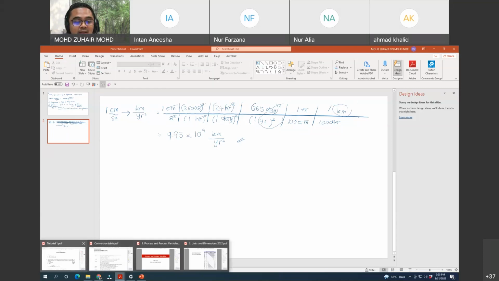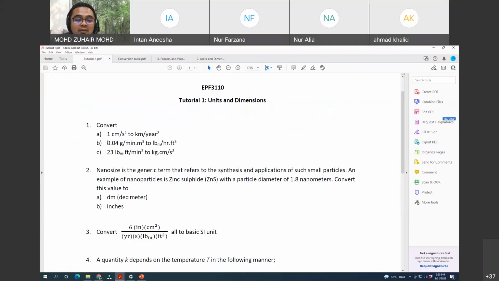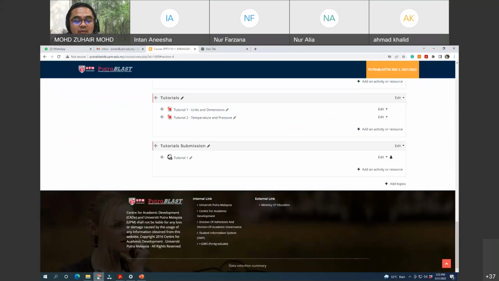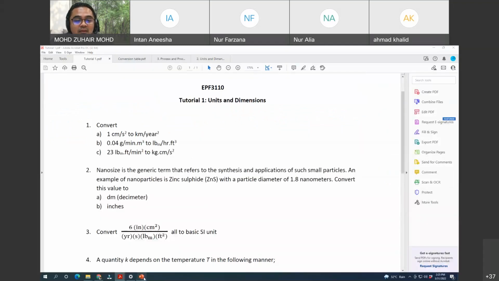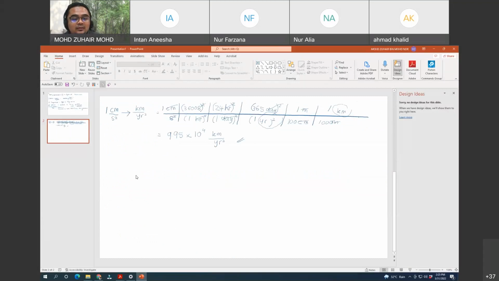And then we go for 1B and 1C. For 1B, we have 0.049 gram over minute times meter cube.